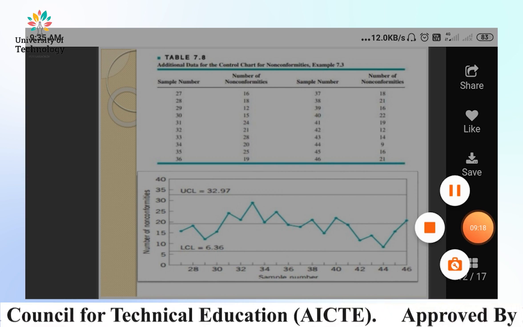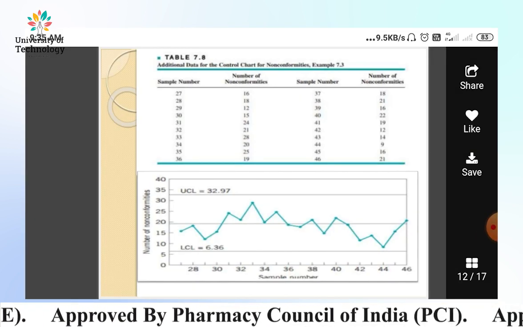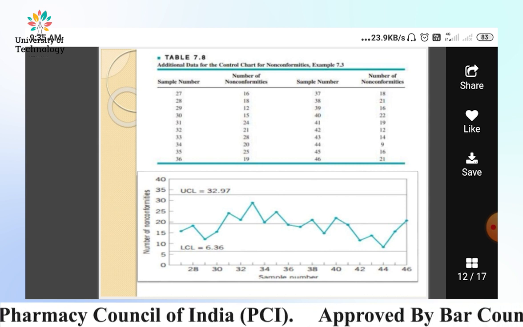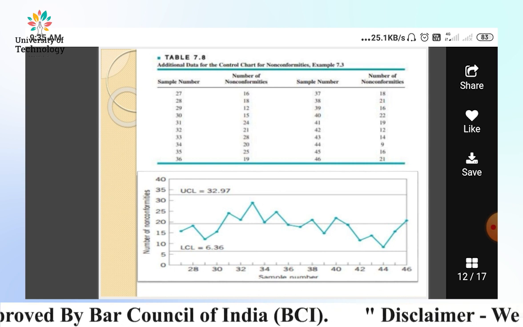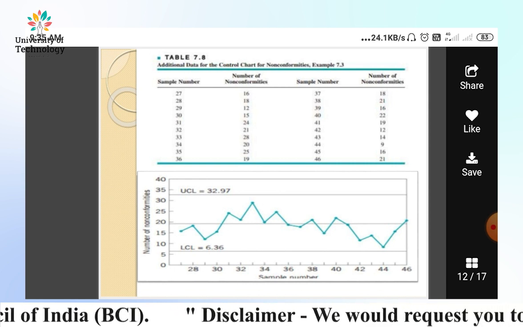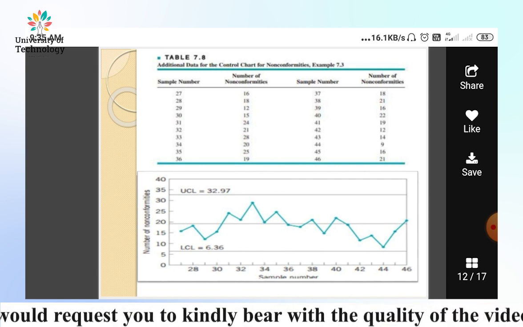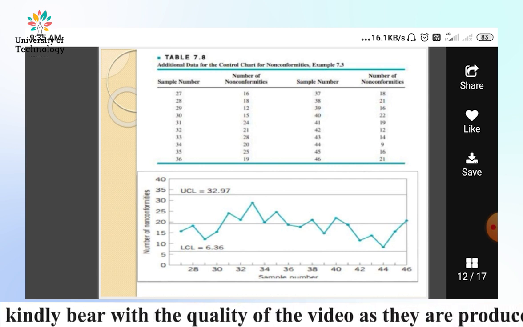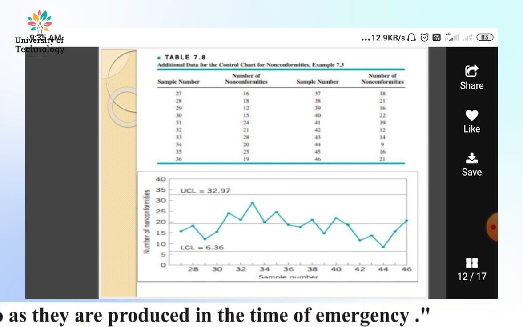The final charts will be found after solution of that problem, and the values of UCL and LCL are also given.